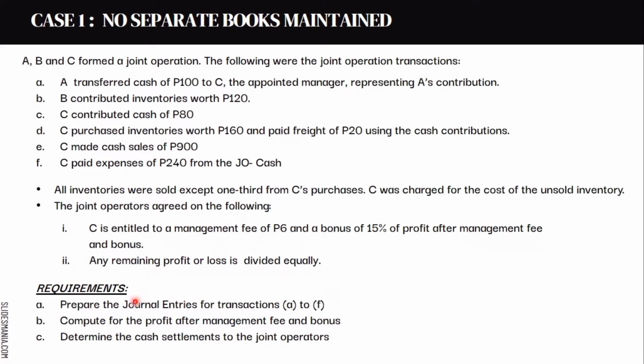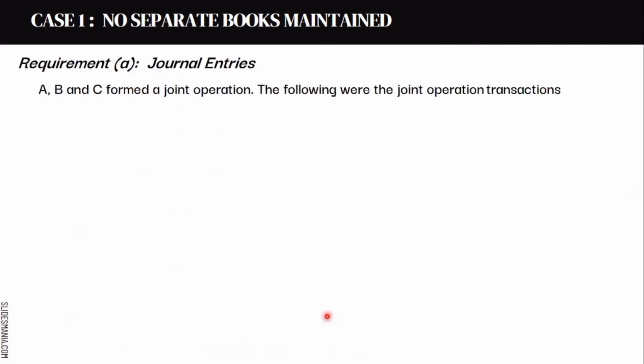Okay, so requirements natin, prepare the journal entries for transaction A to F. Requirement B, compute for the profit after management fee and bonus. Requirement C, determine the cash settlements to the joint operators. So, unahin muna natin yung requirement letter A, journal entries.